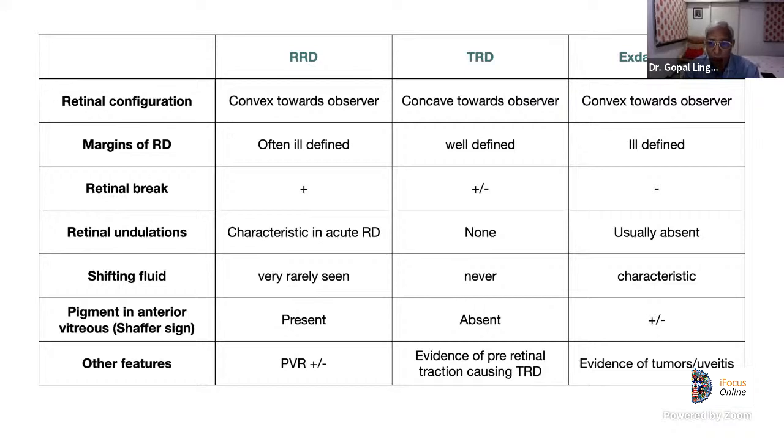Shifting fluid is almost always seen in exudative RD and very rarely seen in RRD, but never in TRD. Pigment in the anterior vitreous cavity gives you a different indicator that the retina is broken, because the RPE cells have migrated into the vitreous cavity. Other features which can help are the presence of PVR, etc., and evidence of tumor or uveitis, which shift the diagnosis towards exudative RD.